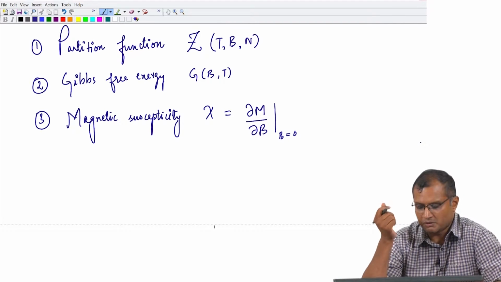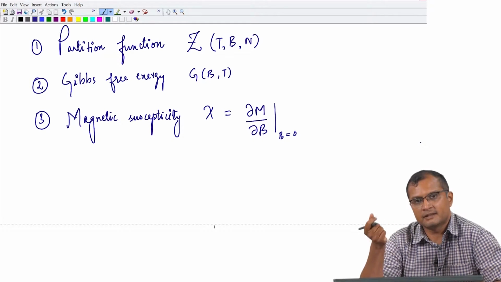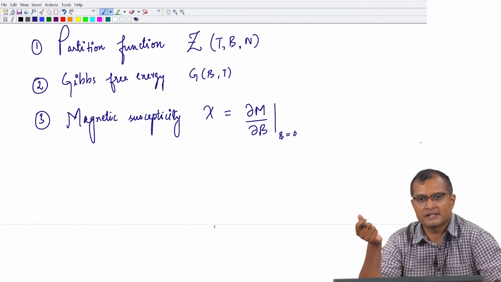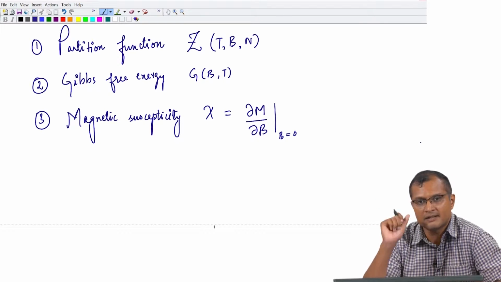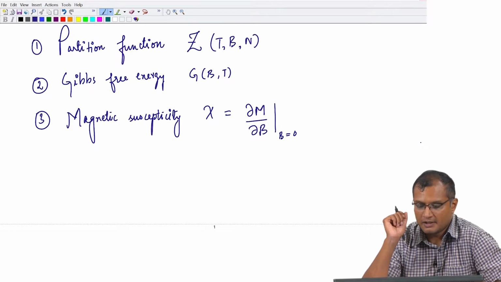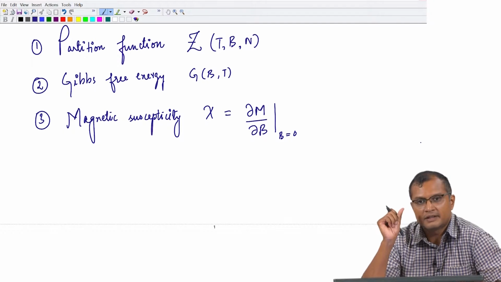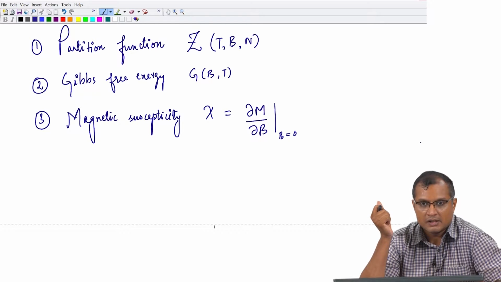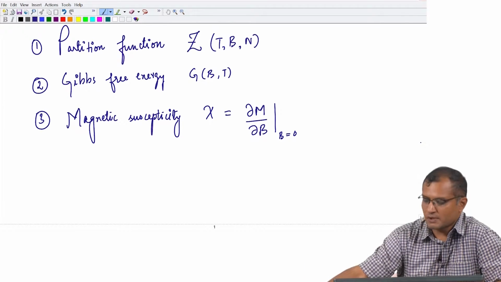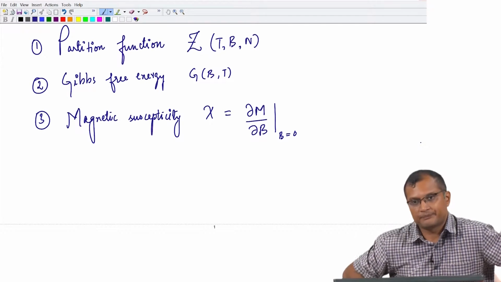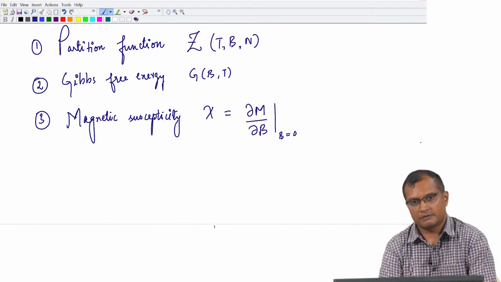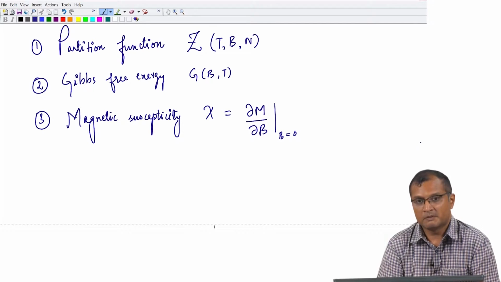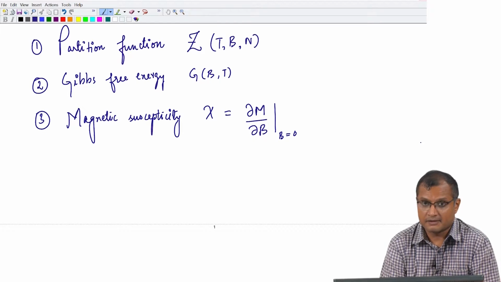And you can show that this susceptibility is a measure of fluctuations in magnetization. See, we are not controlling magnetization in this system, we are controlling magnetic field, temperature and number of spins. Now, the only way you can do it is to allow for magnetization to fluctuate. So, you can connect this susceptibility to fluctuations in magnetization.